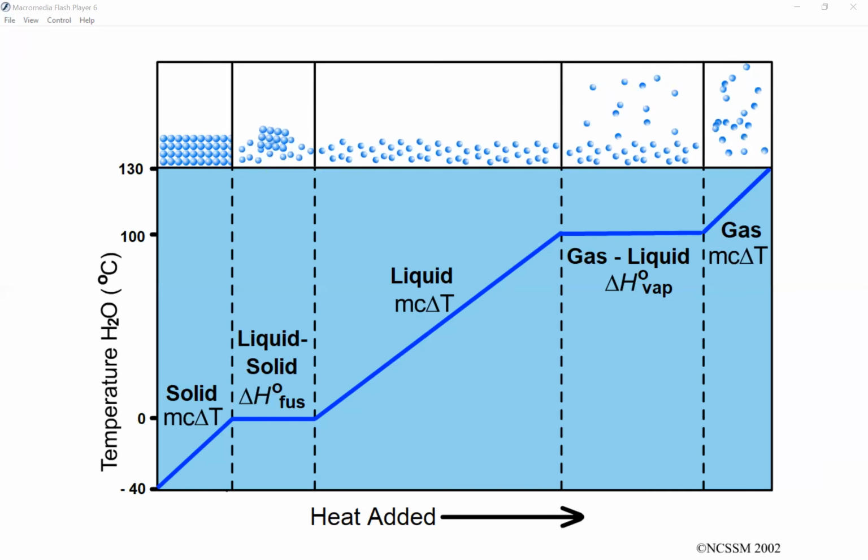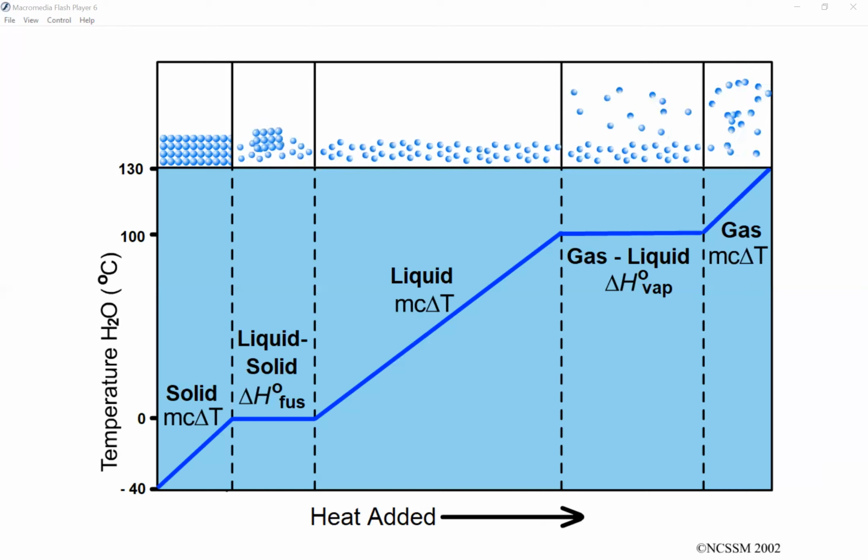Now, boiling occurs most frequently at the heat source because that's where the particles are able to obtain the most energy to enter the gas phase. So this is why when you boil water, you will notice the bubbles form closest to the heat source. And that is because at the heat source, the particles are able to get the most energy to break the bonds to go from a liquid to a gas state.